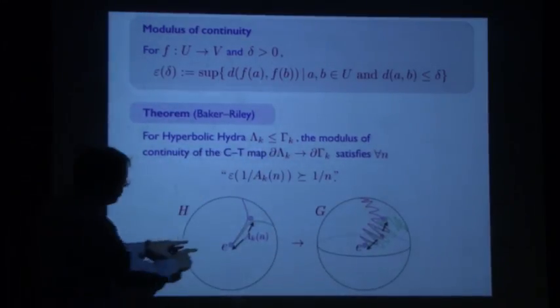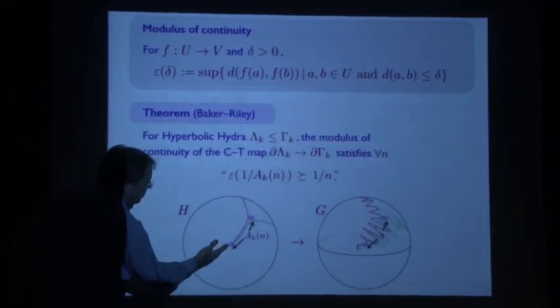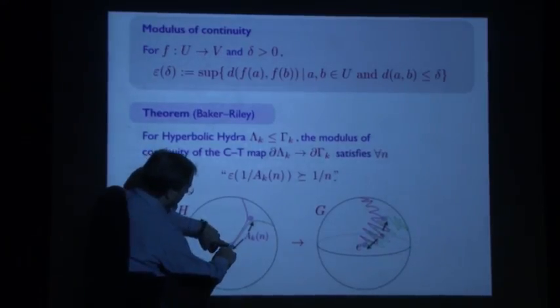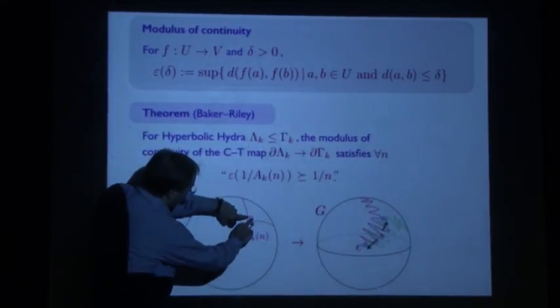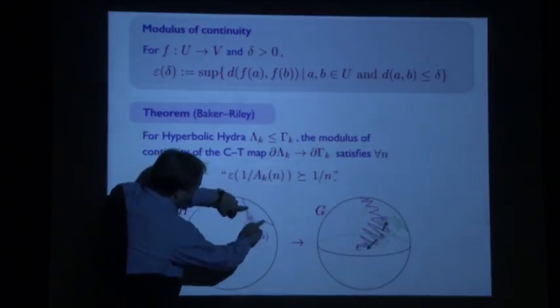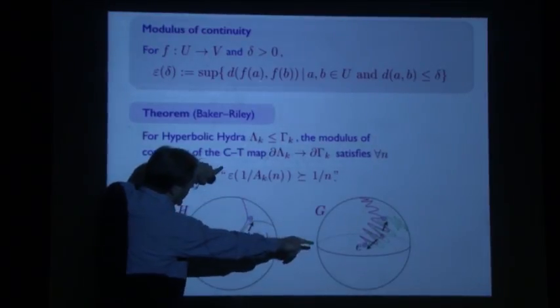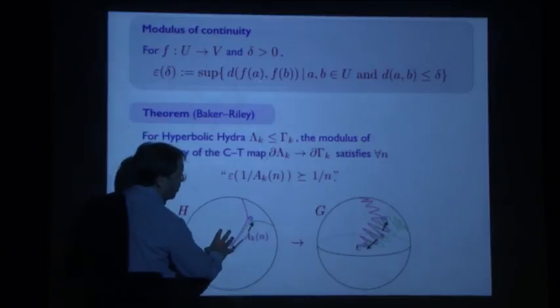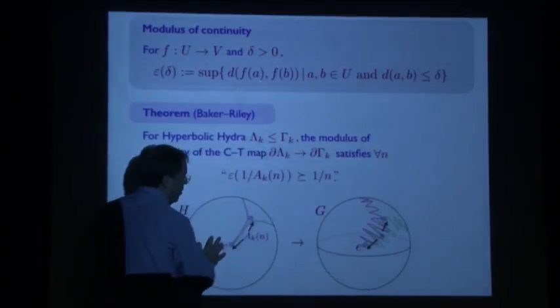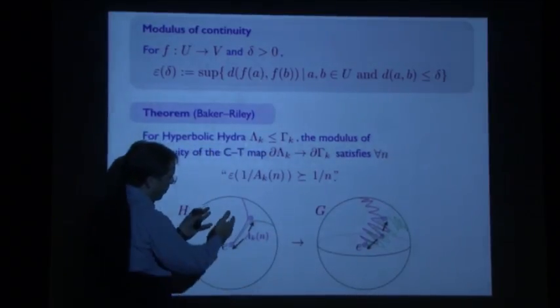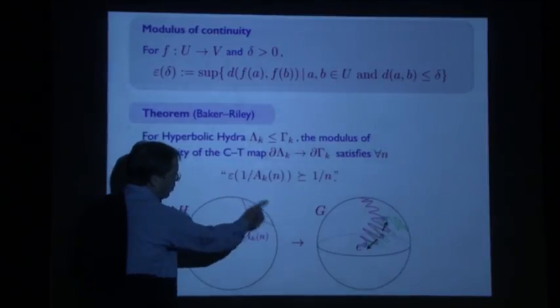If we take 2 points in the boundary represented by a pair of geodesics that travel out, they go close to this point, and then diverge roughly there and go off to the boundary. We map those over to G and look at where those boundary points go.